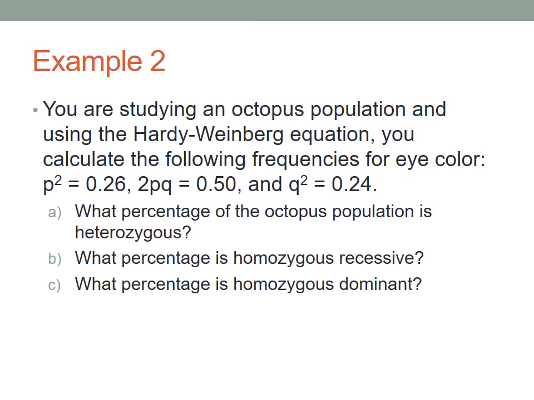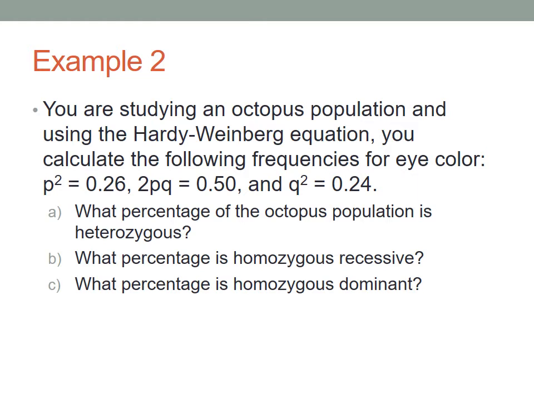So I want you to look at this for a moment and think about it. You've got 3 things you need to answer here. What percentage of your octopus population is heterozygous for eye color? What percentage is homozygous recessive? And what percentage is homozygous dominant? You have everything you need on this slide. I'm going to be quiet for probably about 20 seconds to let you think about this.